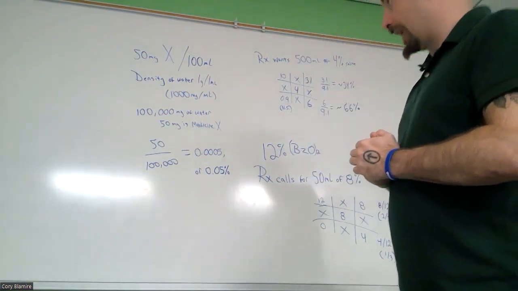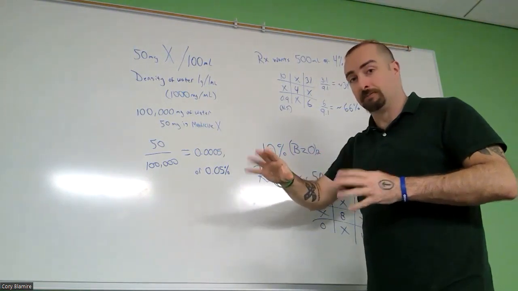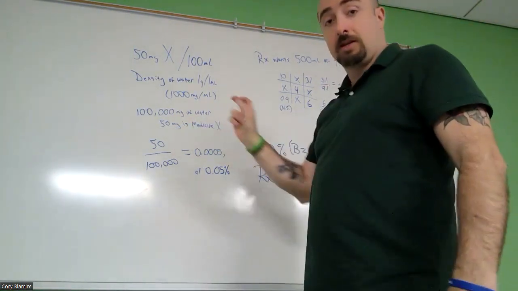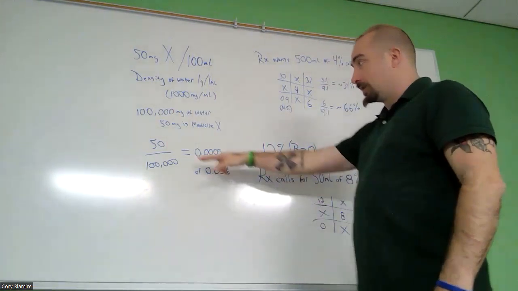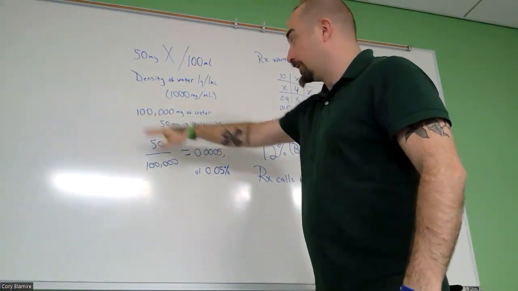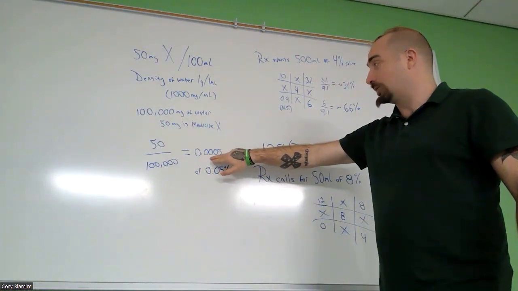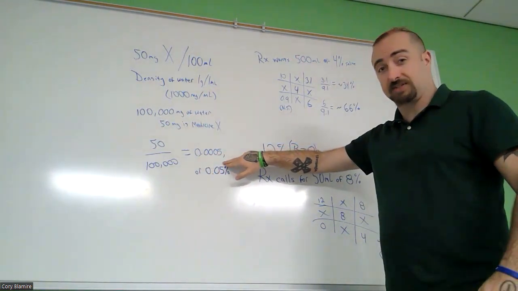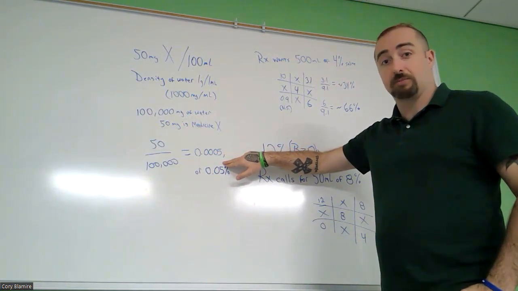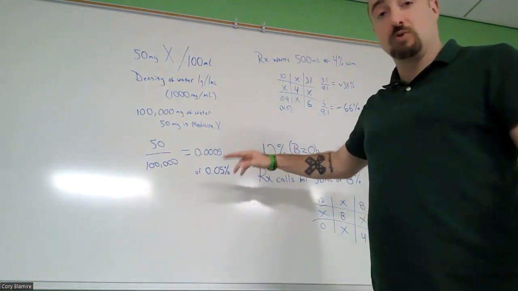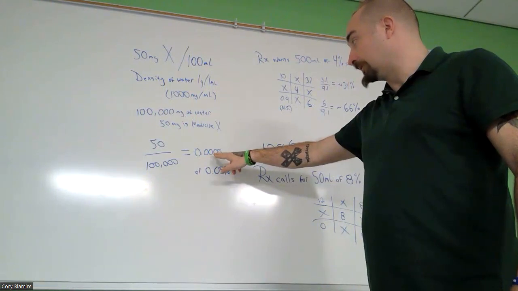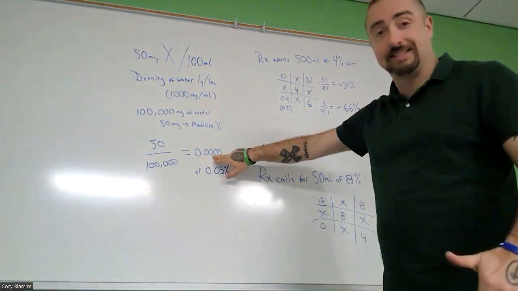Okay, and all of that is water, except for the 50 milligrams that is medicine X. So it's 50 over 100,000, which is 0.0005 expressed as a decimal. And obviously we know if we want to get a percentage, we're just going to move the decimal 2 spaces over to the right, and we get 0.5%.